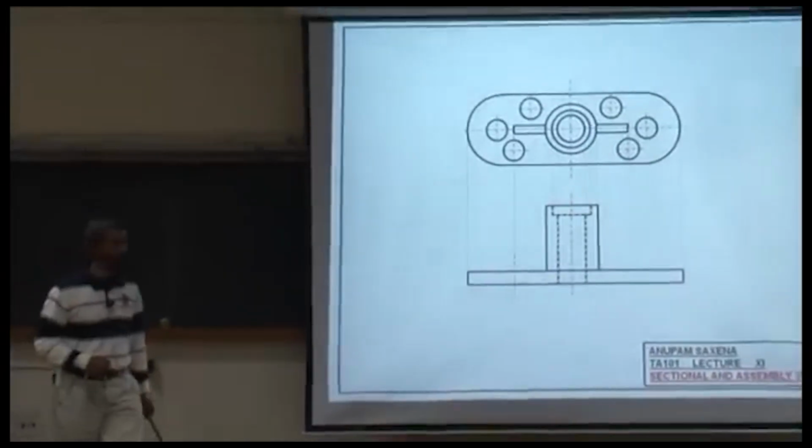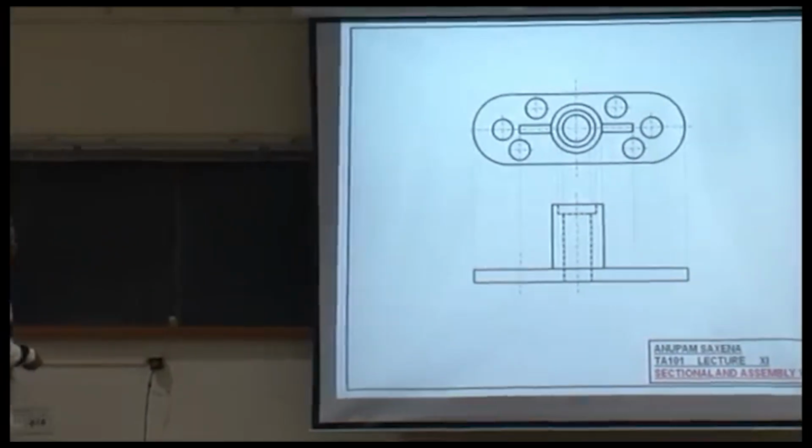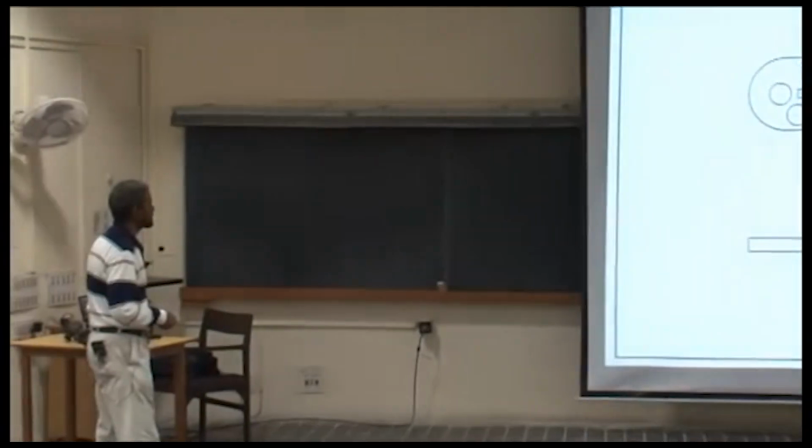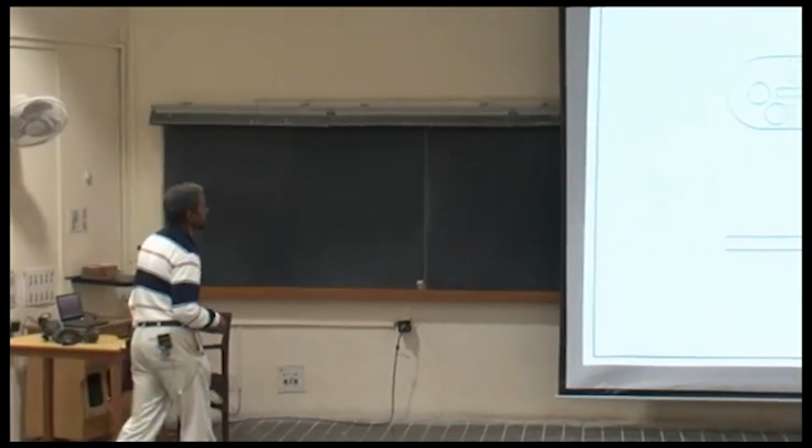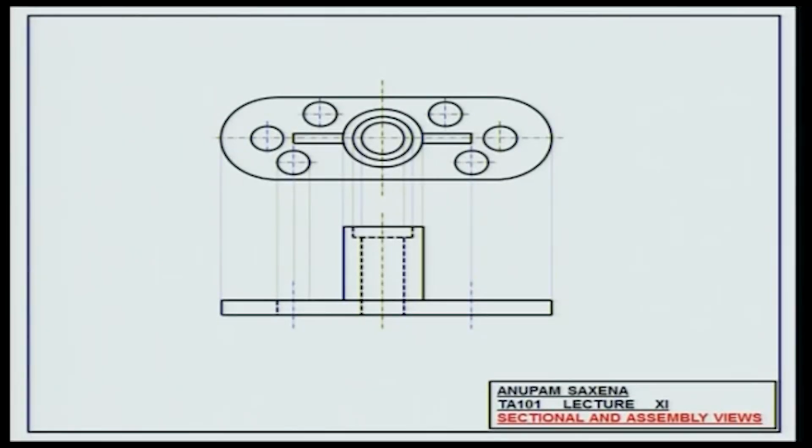We'll continue with the projections, and we'll start drawing hidden lines pertaining to the circular voids in the top view. Okay, something that should be familiar to you because you have drawn this in your homework problem.